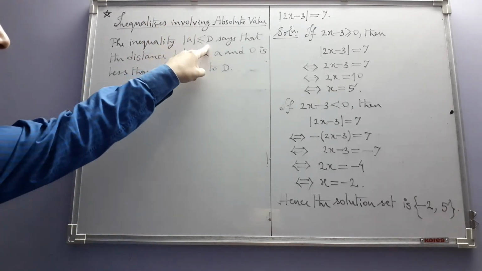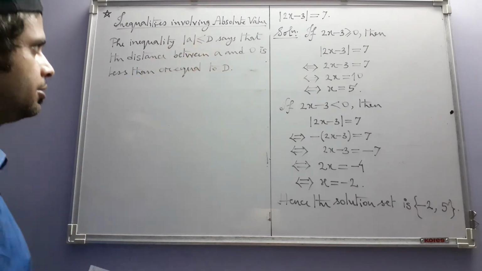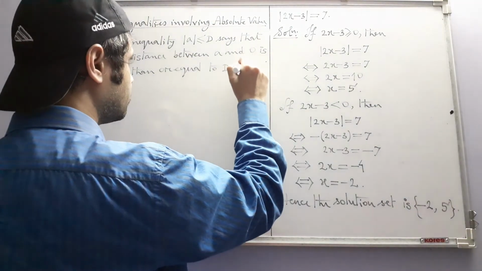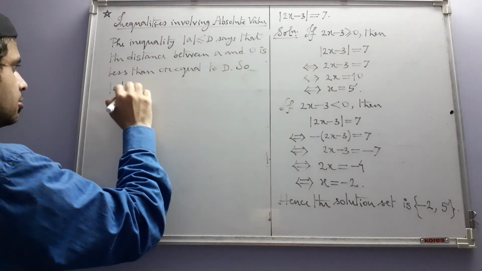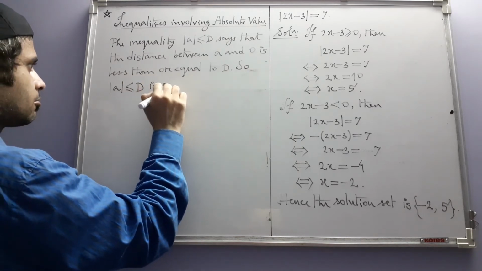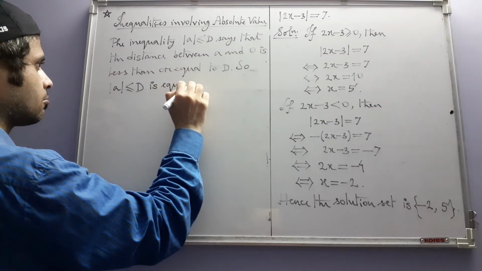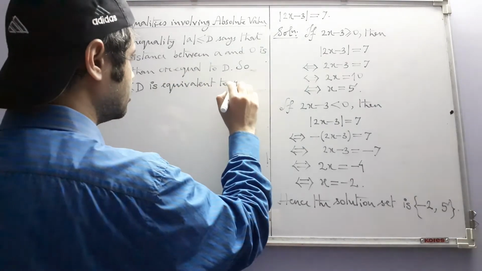So it is directly saying that that distance is less than or equal to D. So this is equivalent to these inequalities.